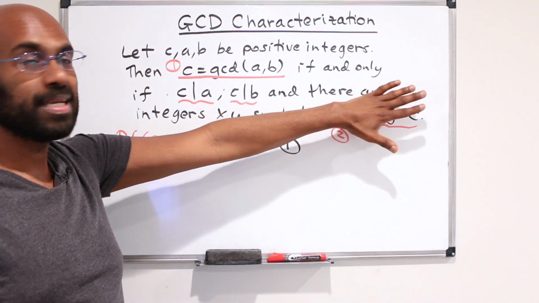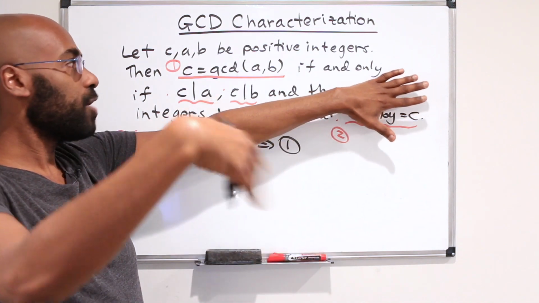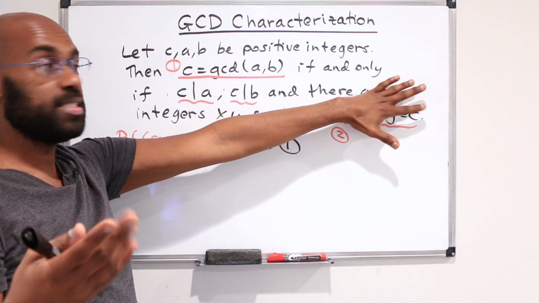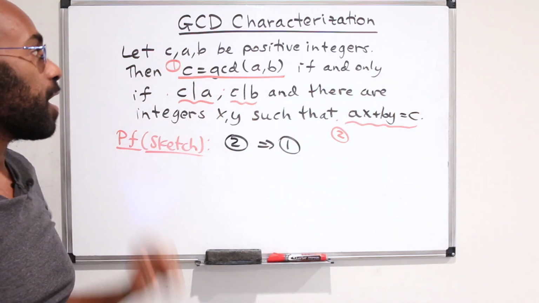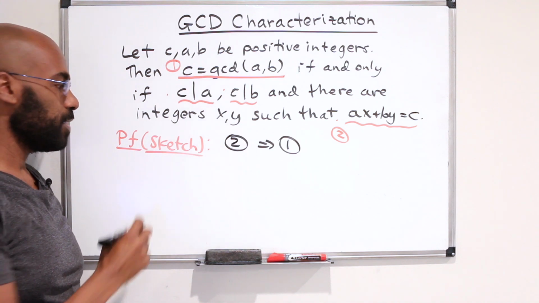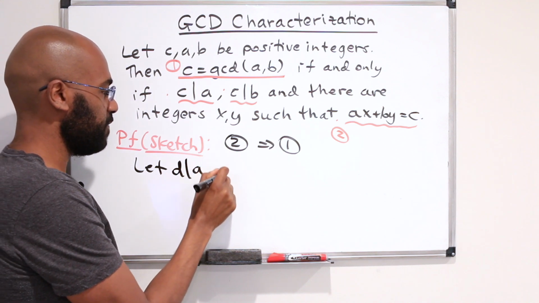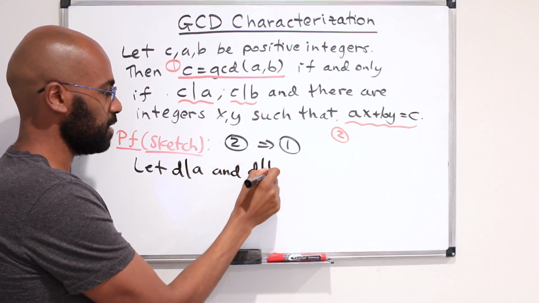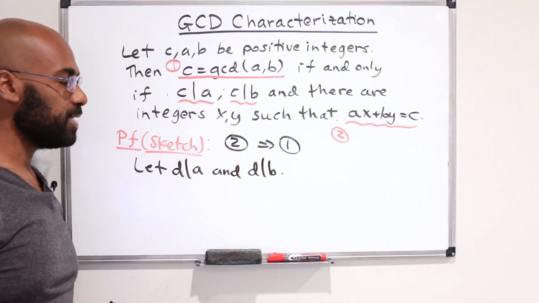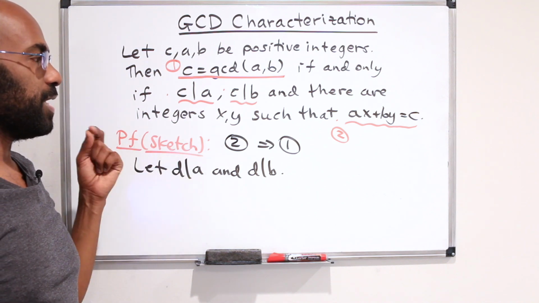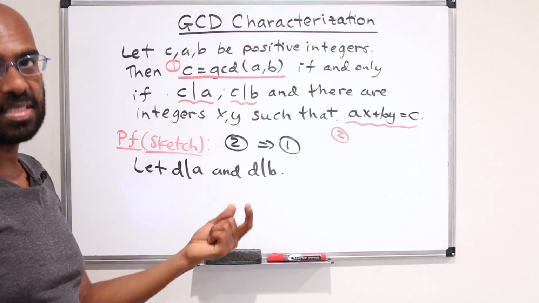So why not take a different divisor and show no matter what that divisor is, it has to be less than or equal to C. That would establish that C is the greatest common divisor because it's already a common divisor of both A and B. So we'll let D divide A and D divide B, meaning that D is a common divisor of both.